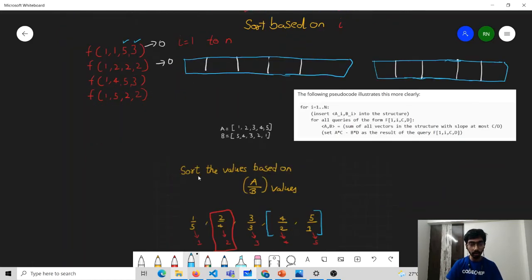Since we have already sorted all the indices in our A and B arrays on the basis of the a by b values, when finding the value for a particular prefix, we can consider a segment tree in which all the values that lie before this prefix are already inserted based on the a by b values. And after finding the value of d by c, we can consider only that suffix such that all the values in it have an a by b value greater than this d by c.